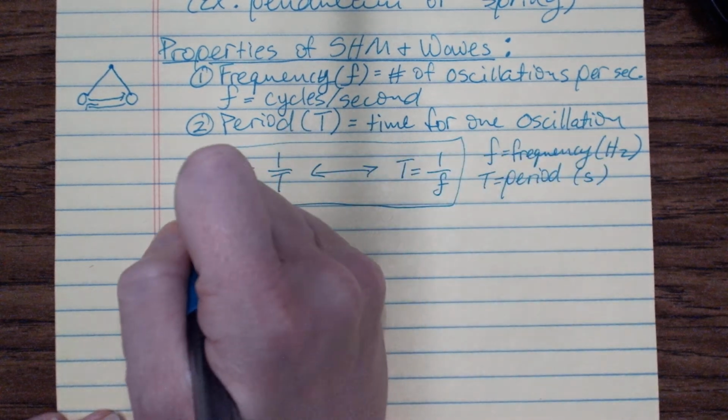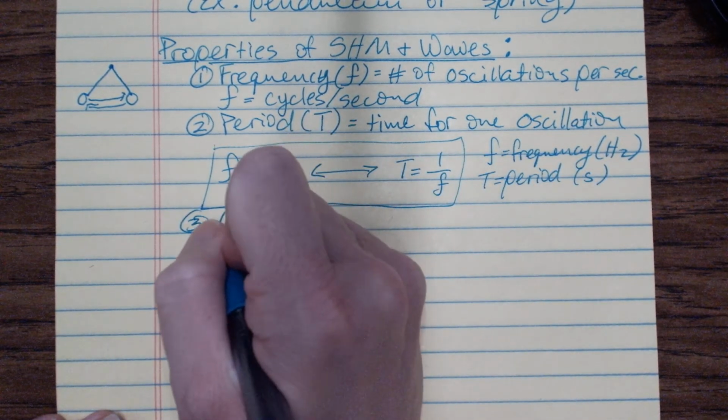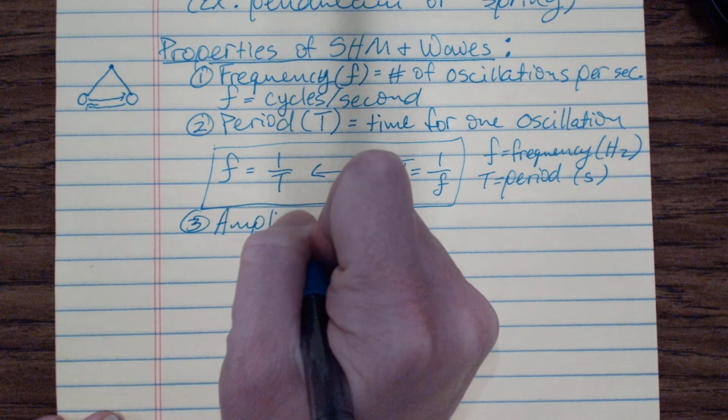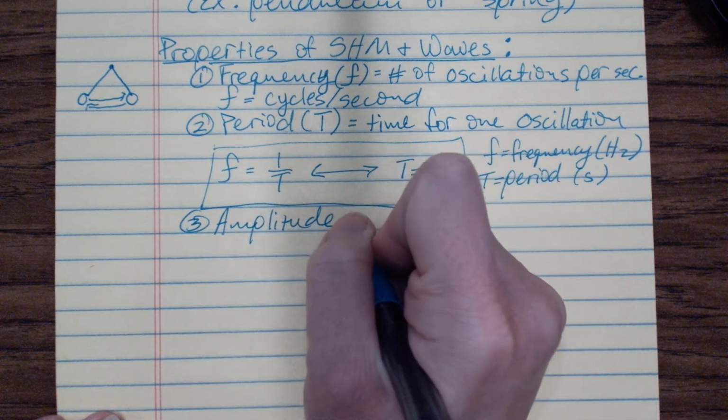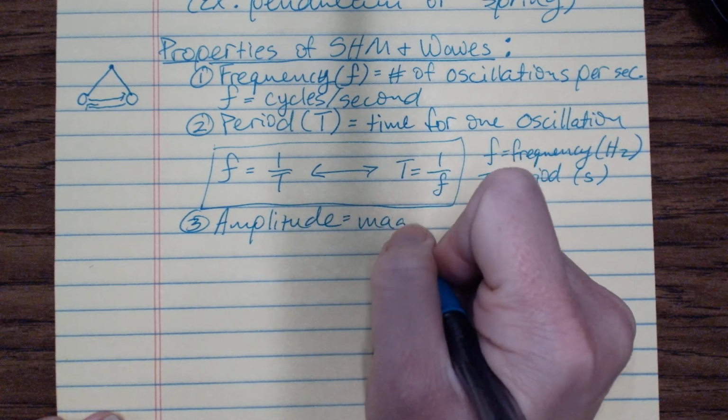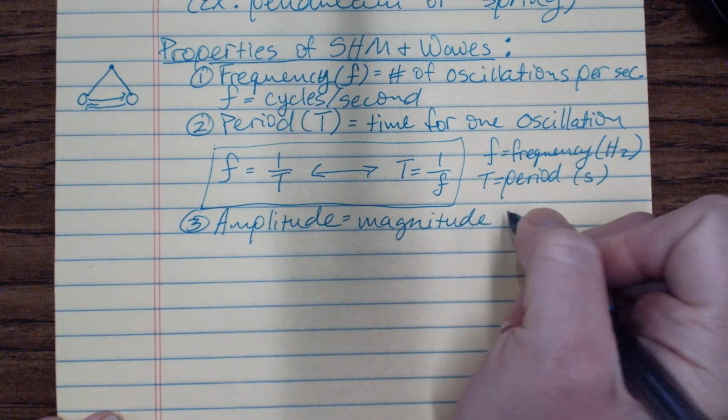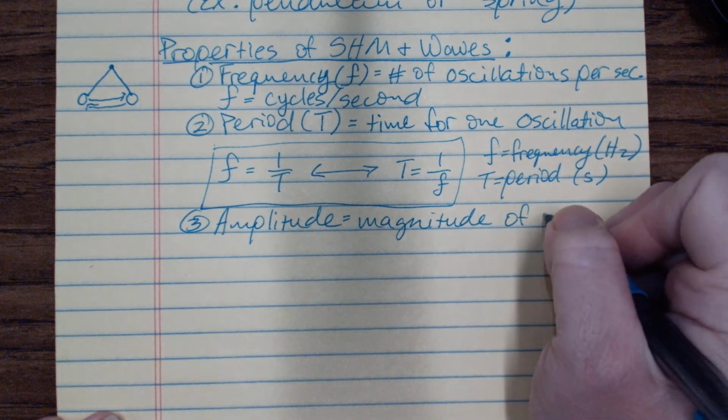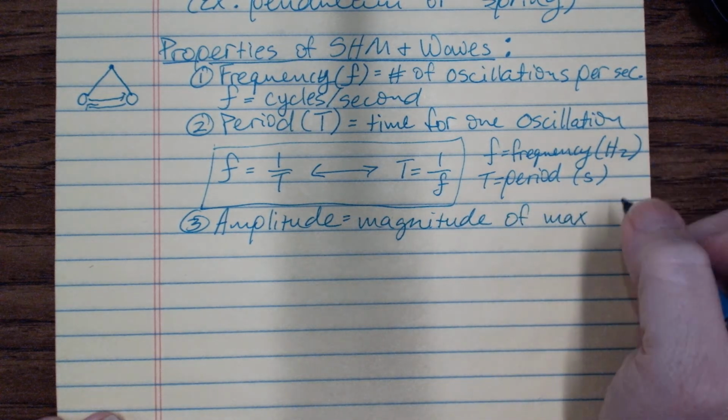So our third property would be amplitude, which is the magnitude of maximum displacement.